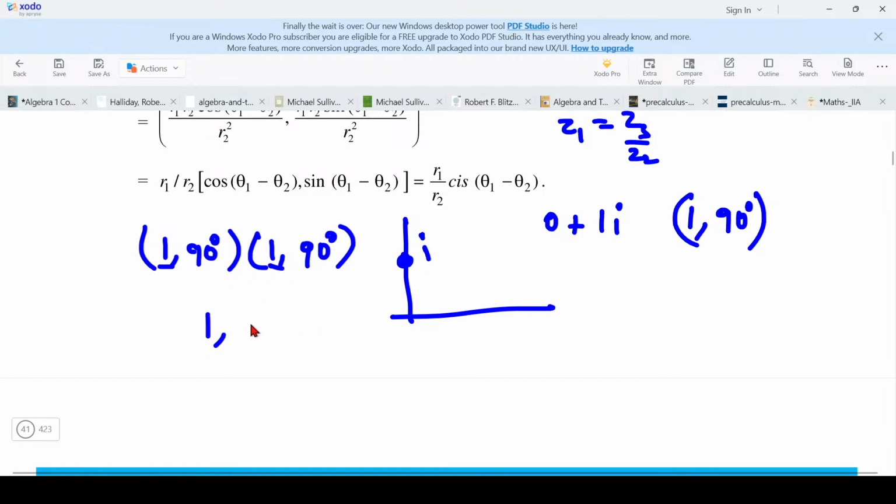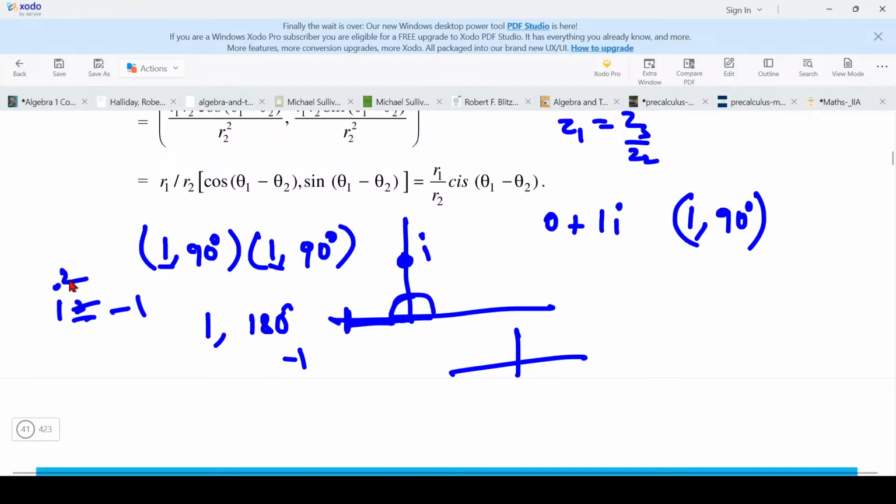Angles get added, that means 180 degrees. And what exactly is this point? 1 unit, 180 degrees, that is this point, which is nothing but minus 1. So that's how we got I square as minus 1. It is consistent with our definition, right?